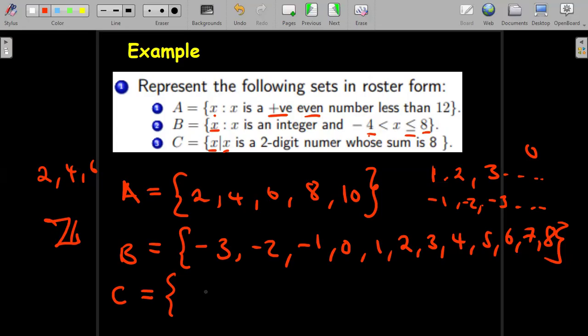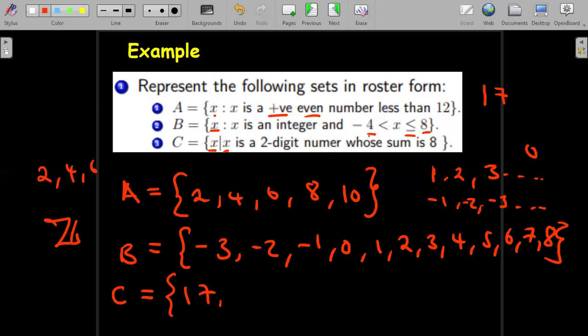So two-digit numbers that will start with what? With 1. And this is going to be straightforward because when you begin, you say, okay, let me say I have 1. Then the other number that you need to add here to make this 8, just subtract this 1 from 8, and you know that you're going to have 7. So 17 is the first number, because when you add 1 and 7, you get 8.